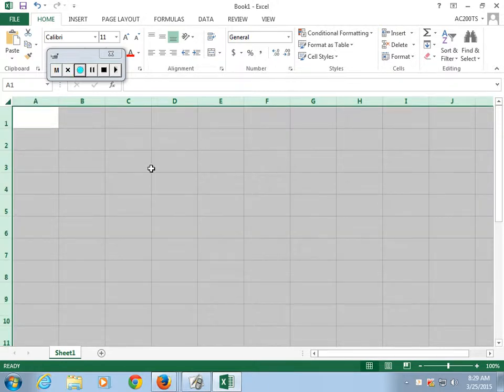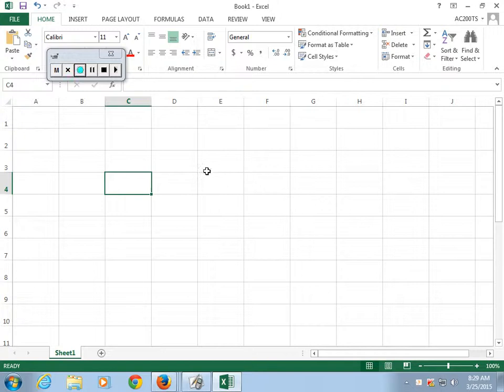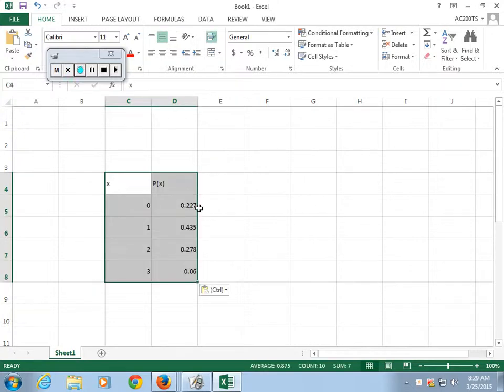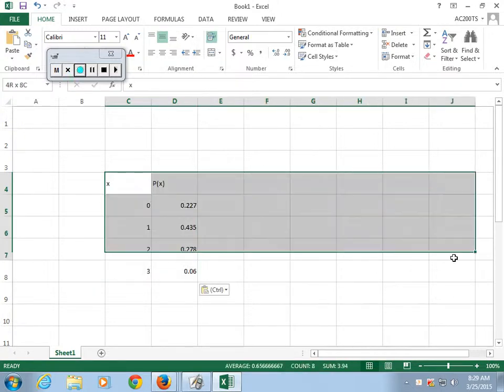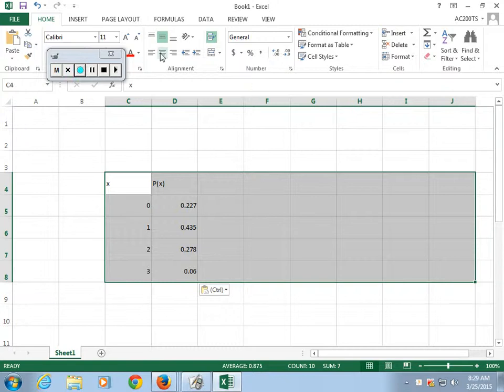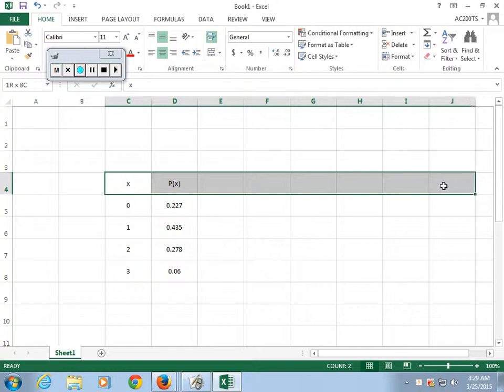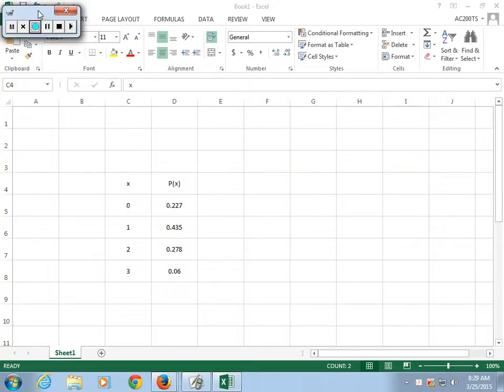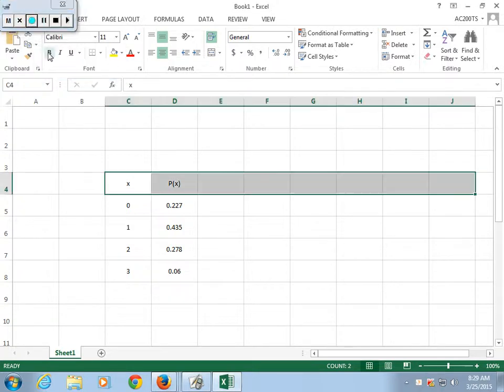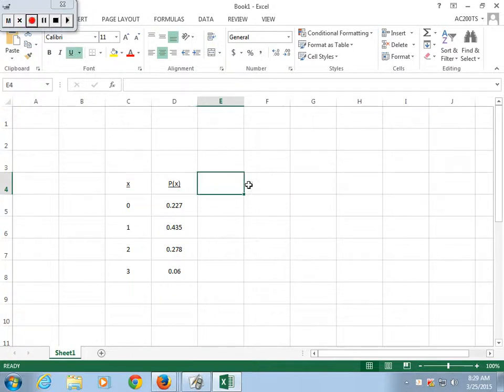And we'll put it right here. And there's our X and P of X. Okay, now the first thing we need to do is we need to take X and multiply it by what?